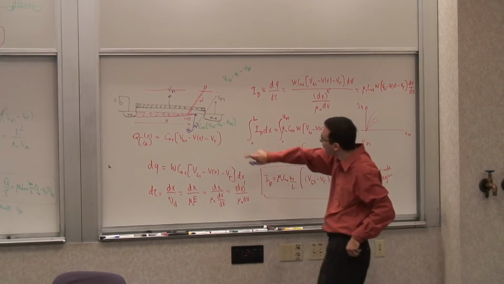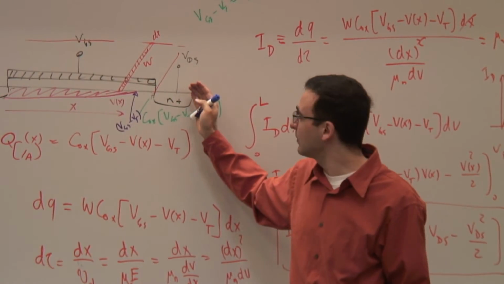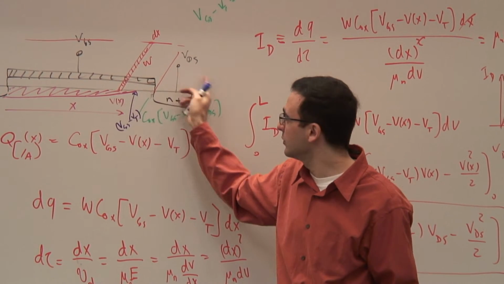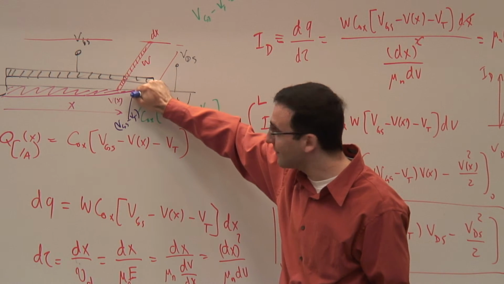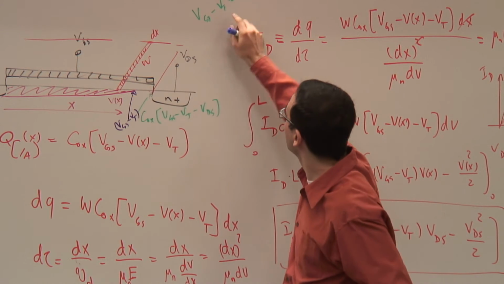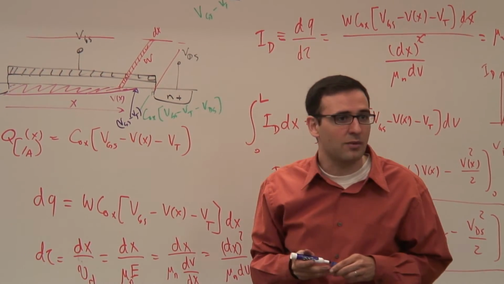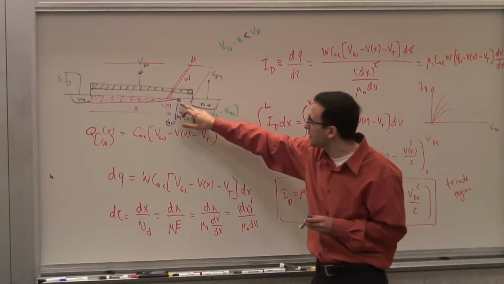So the voltage of this point is fixed, no matter what voltage you apply here. If you apply a larger voltage here, this point goes farther out, farther to the left. If you lower this voltage, it comes back. For as long as VDS is greater than VGS minus VT, which is the condition for pinch-off, this voltage is fixed.